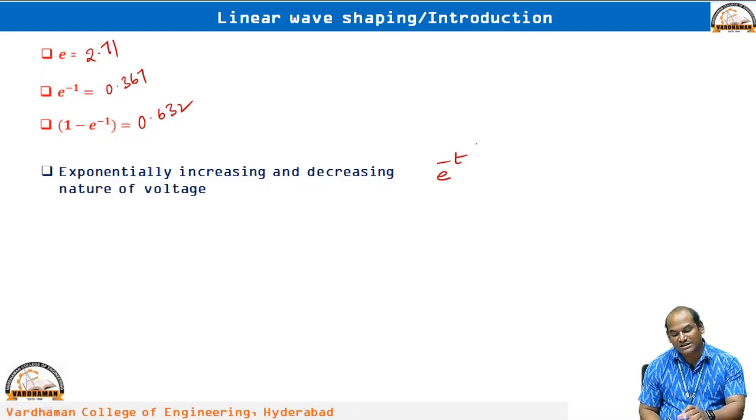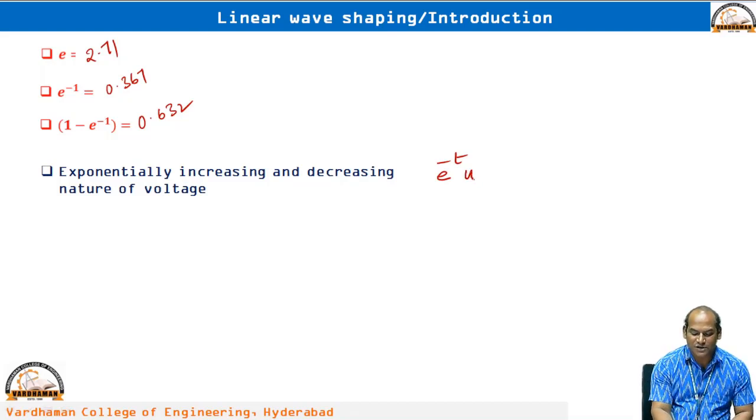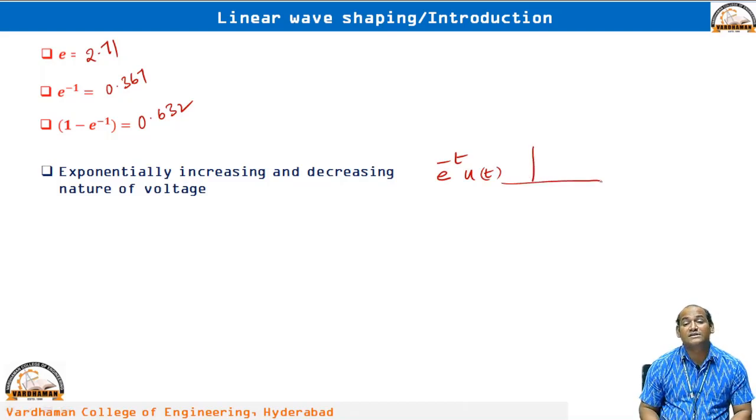If you want to draw this particular signal e power minus t with respect to time only on the right side, we have to multiply with u of t signal, which we already know. So, by default we will see the right side only, and there is no need to mention u of t. The x axis is t. If you take t equal to 0, what is the value of e power minus t? E power 0, that is 1.